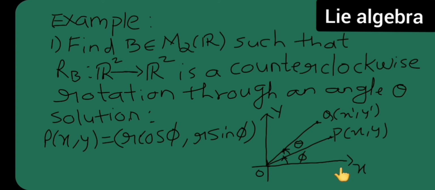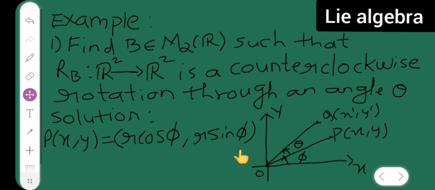Now this is my x-axis, this is my y-axis, and this is my P of x comma y, where this angle is phi and this angle is theta, that is my Q of x dash comma y dash. And what is my P of x comma y is equal to r cos of phi comma r sin of phi.